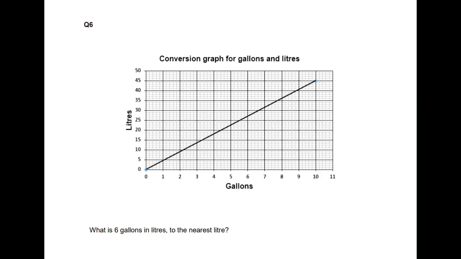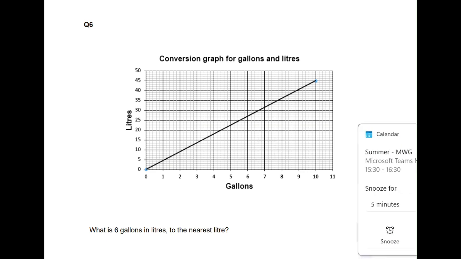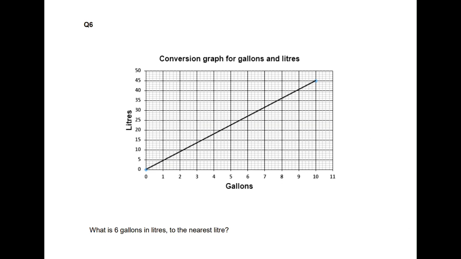Question 6, we're going to use this conversion graph to show what 6 gallons is in litres to the nearest litre. So the way we do that is we go up from the 6 gallons, so it crosses there.